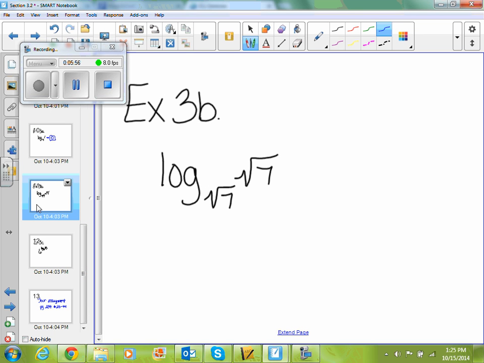Alright, so if we look at log base square root of 7 of square root of 7, where our base and our number are the same, what did we say was going to happen there? It's 1, yep.